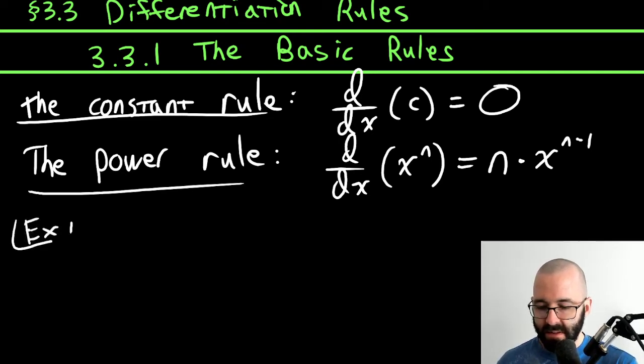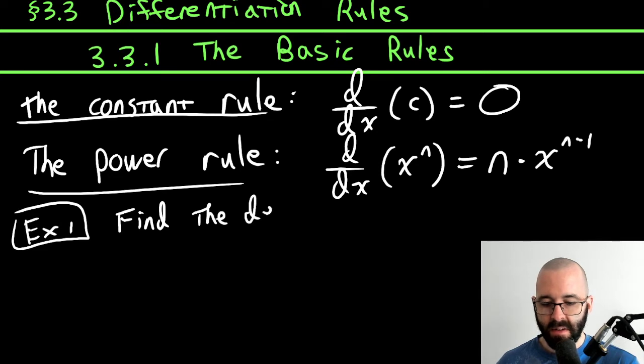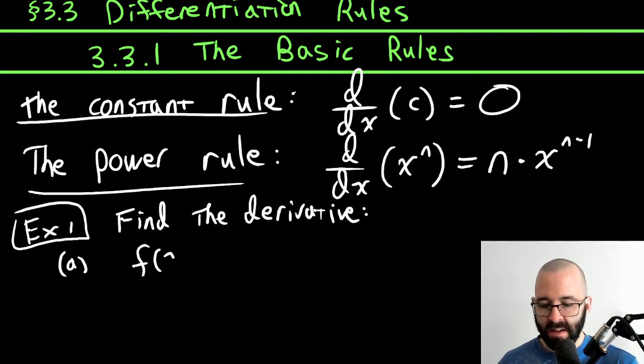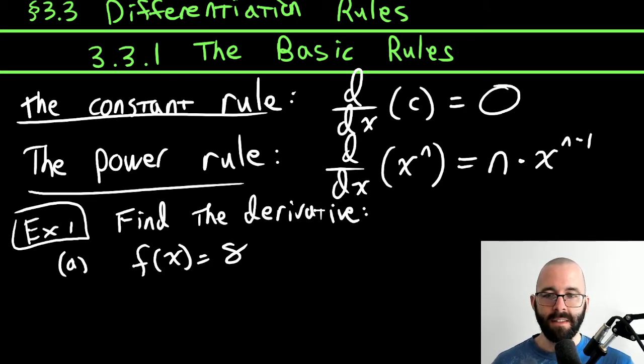Let's just do some examples. Let's just use these. Example 1. Find the derivative, part A. f of x equals the constant function 8. So the function is always equal to 8. Doesn't matter your input. So it's a flat line.